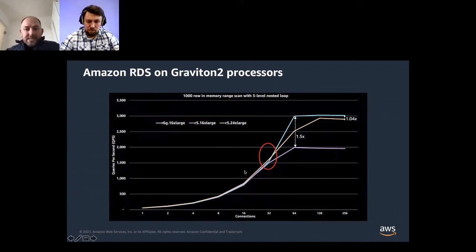When load increases, Graviton starts to demonstrate better results. You see here R6G 16xlarge, R5 16xlarge. Instances with the same amount of resources, the difference is only the CPU type. And when the number of connections increases, it has 1.5 times better performance.